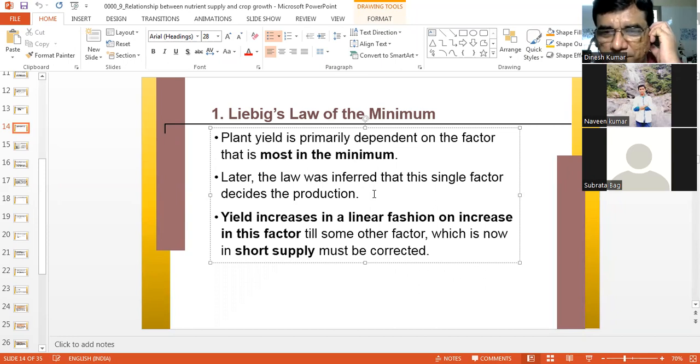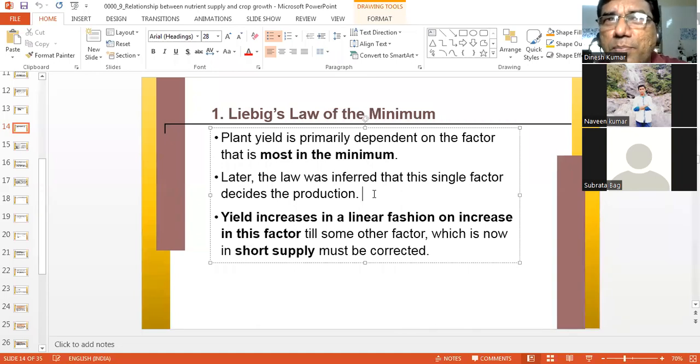Ultimately, it was inferred that a single factor decides the production, meaning the single factor which is present in the minimum. It can be extended to other factors also, like Blackman, who proposed the law of limiting factors perhaps in 1905.